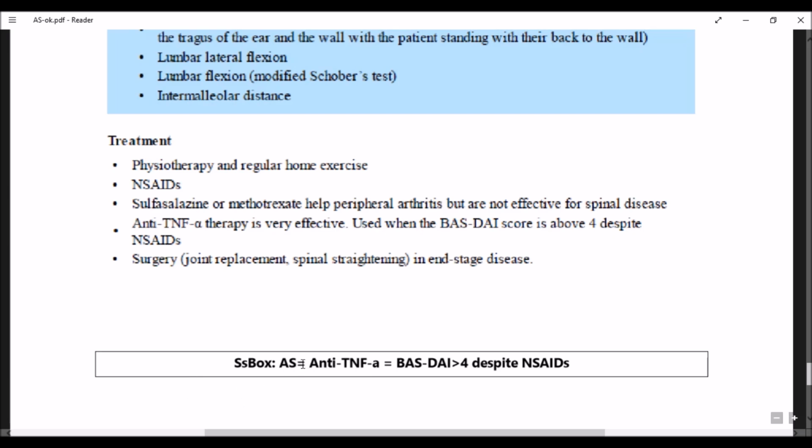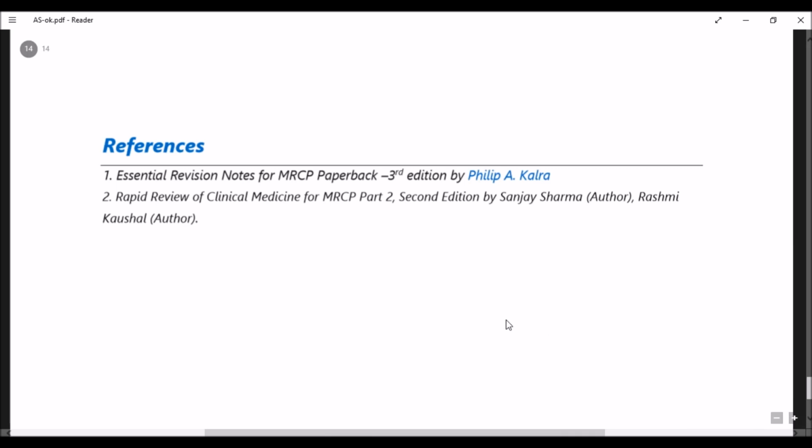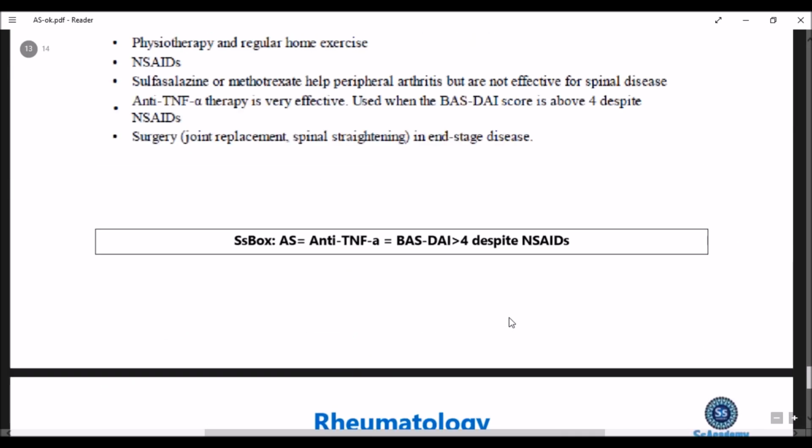So if you start with the SS box for ankylosing spondylitis, the BASDAI score more than 4 despite NSAIDs, then go for anti-TNF alpha therapy. This is one of the important hot topics, a 5-star topic for the exam, my dear, that you need to remember. And the references are given here.